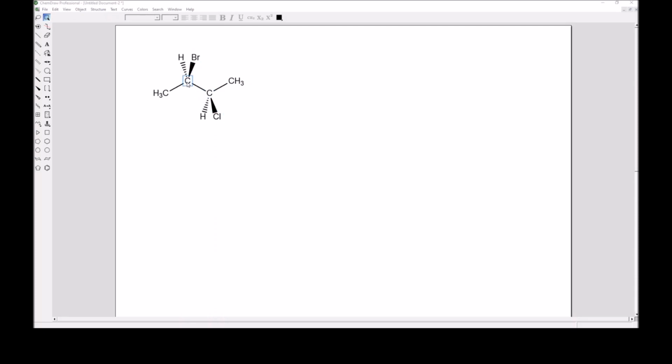Now I just kind of randomly assigned wedge-dash diagrams to the chlorine and the hydrogen on carbon number 3, and the bromine and the hydrogen on carbon number 2, and we'll deal with that in just a second. But you'll notice that this molecule has 2 chiral centers. This carbon right here is chiral, and this carbon right here is chiral. And the reason that it's chiral is because it met our minimum definition of chirality, in that it's an sp3 hybridized carbon, and it has 4 different things coming off of it.